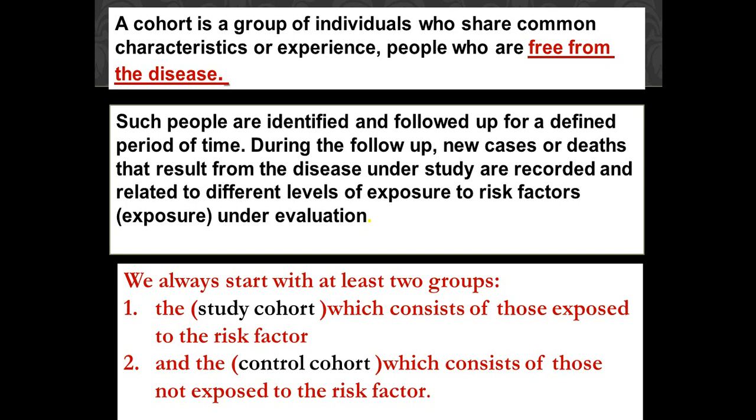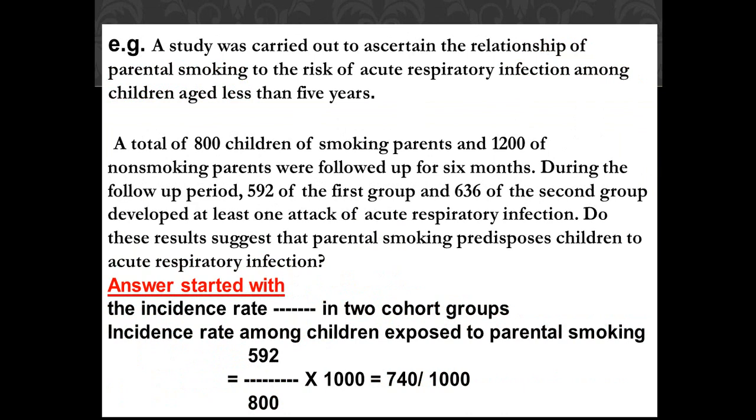So we always start with at least two groups: the study cohort, and here we never name them the cases. They are the study cohort, which consists of those exposed to the risk factor, and the control cohort, which consists of those not exposed to the risk factor. So, for example, we have a study carried out on the relationship of parental smoking to the risk of acute respiratory infection among children aged less than 5 years.